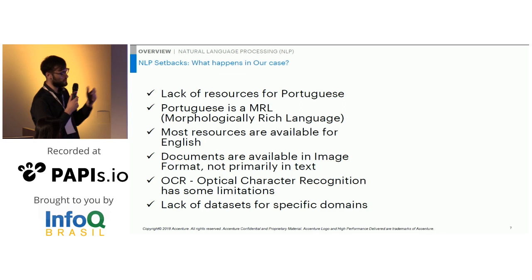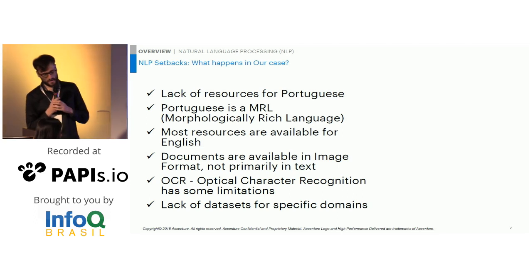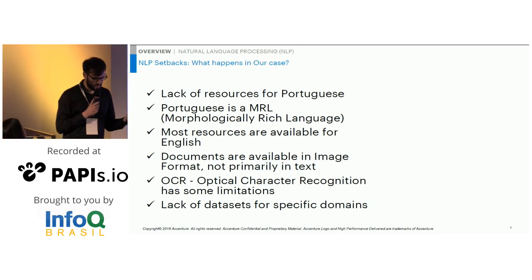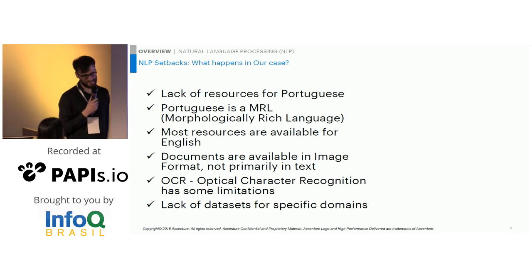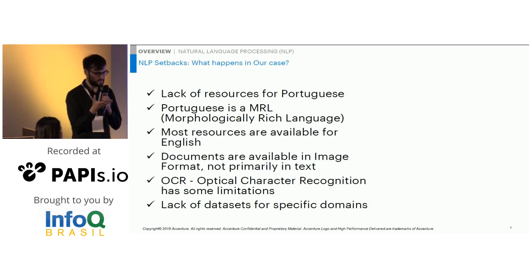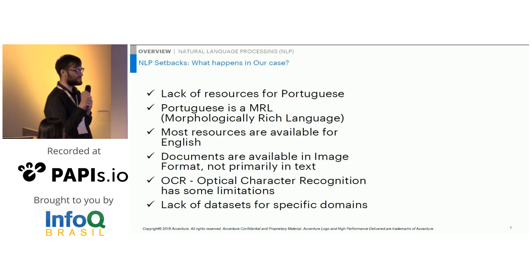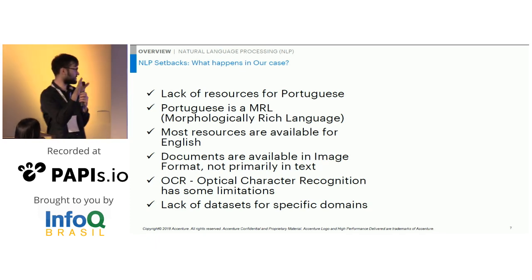You have to use other techniques to deal with that, like OCR. And when you try to classify something in academia, you have a very well-defined data set and it works very well and everything is beautiful. But when you apply that, you're going to have problems because the domains are different. So you need to create these data sets or transfer some knowledge from a specific domain to another.